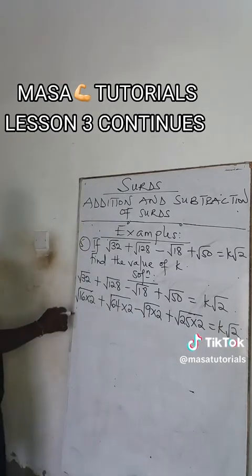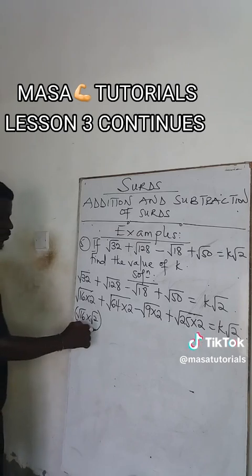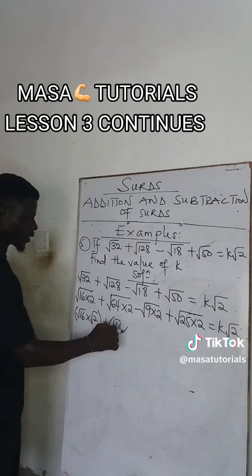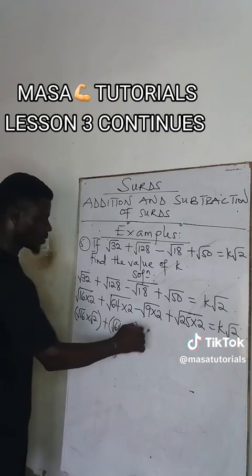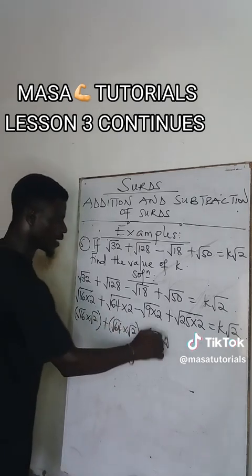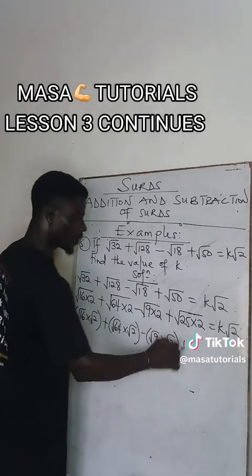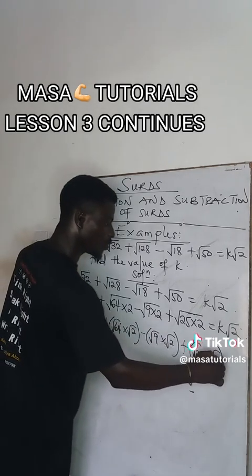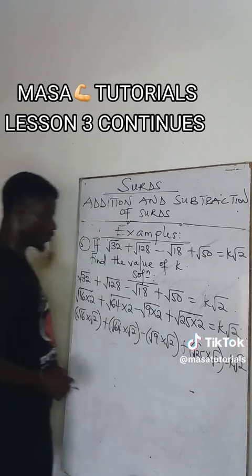Now, we use square root of 16 times square root of 2. We split that, plus square root of 64 times square root of 2, minus square root of 9 times square root of 2, plus square root of 25 times square root of 2 equals k square root of 2.